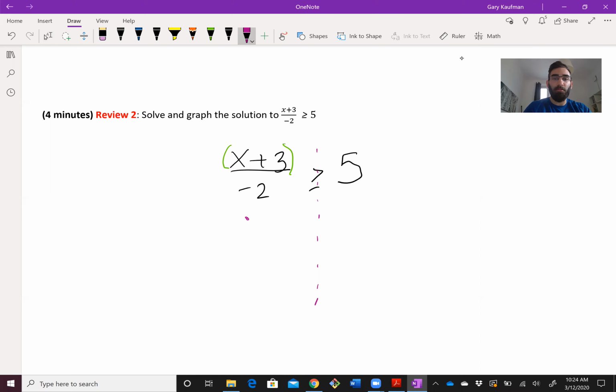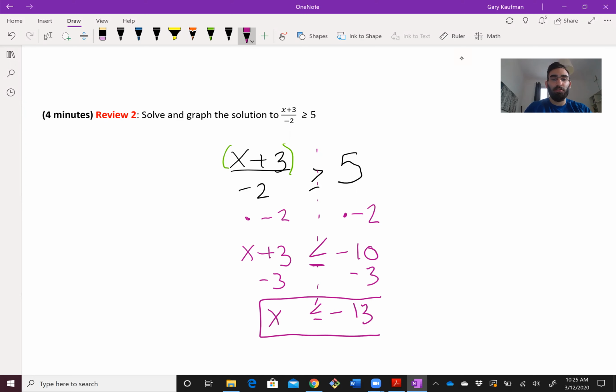I start by multiplying both sides by negative 2 to undo that, leaving me with an x plus 3 on the left side, a negative 10 on the right side. I multiplied by a negative, so it's an inequality. So my greater than or equal is now a less than or equal. I had to flip it. Subtract 3, and I get x is less than or equal to negative 13.